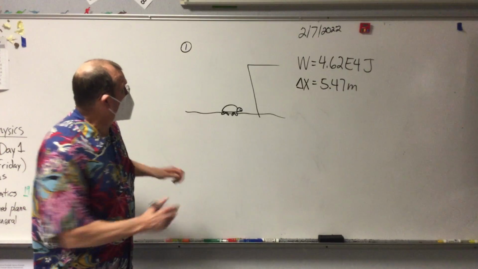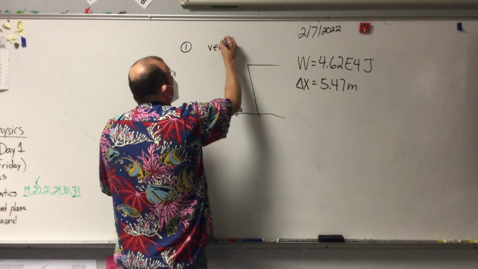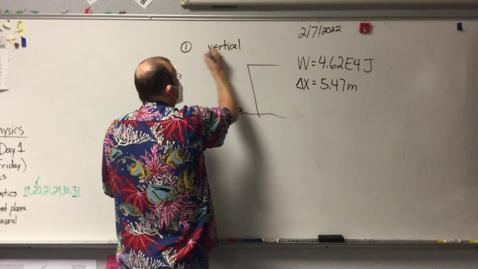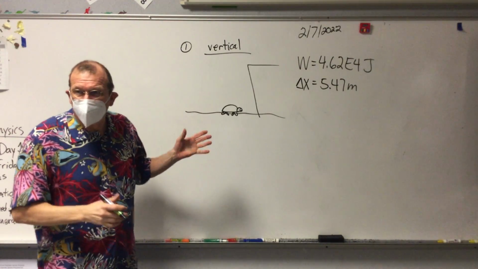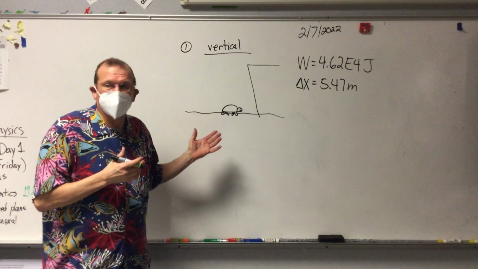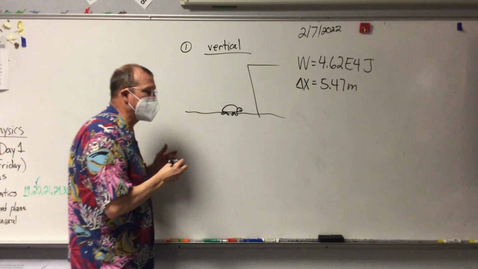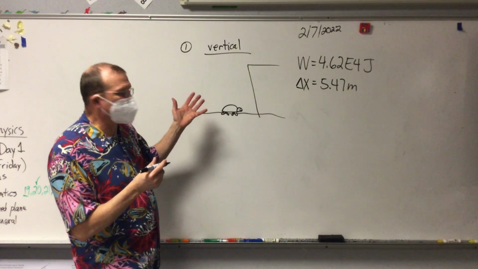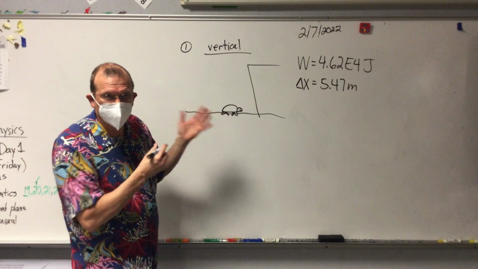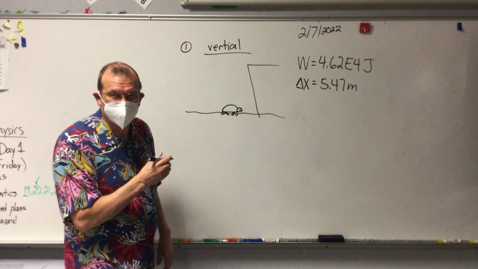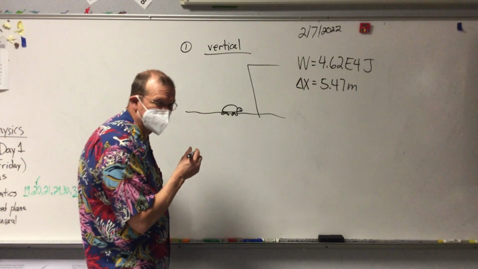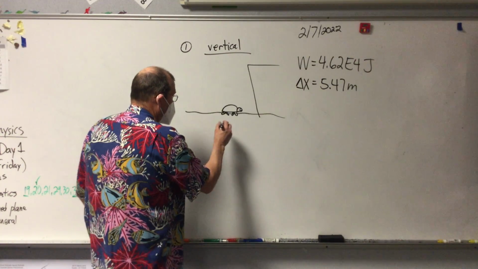Okay? And this is a vertical problem. So what forces are we going to be playing with here that were in our picture? Gravity. Okay, and how would we put that in the picture? Keep going. So do a line up and down, 2 arrows.